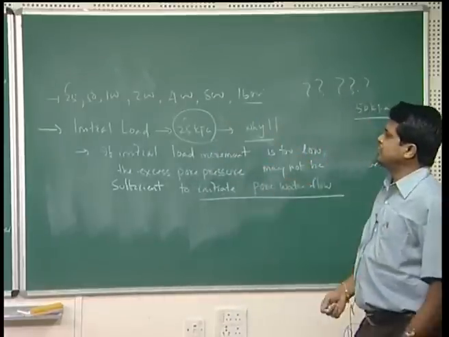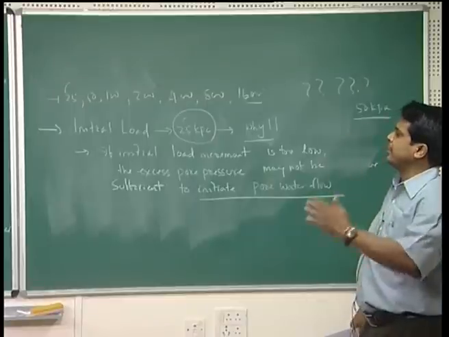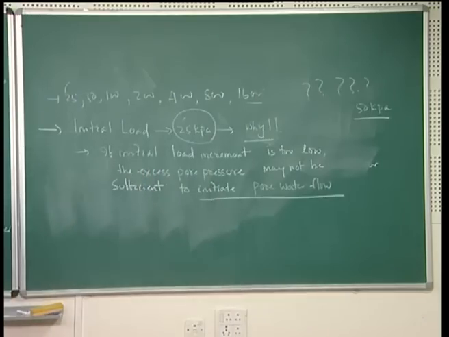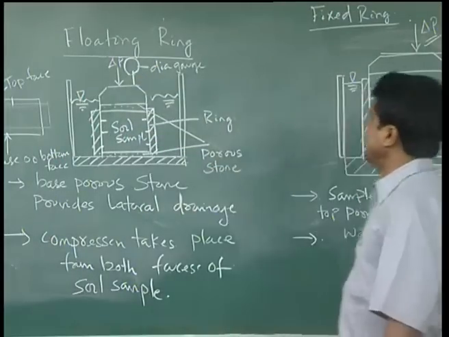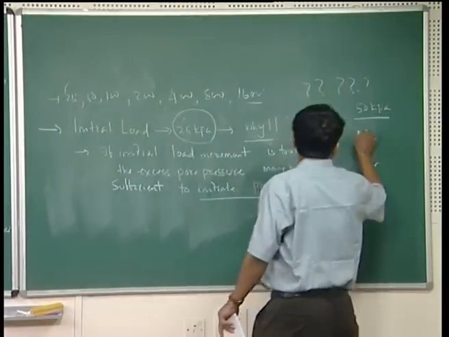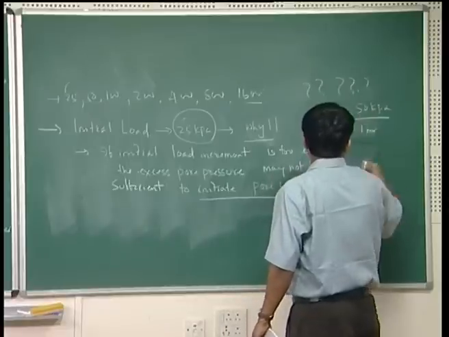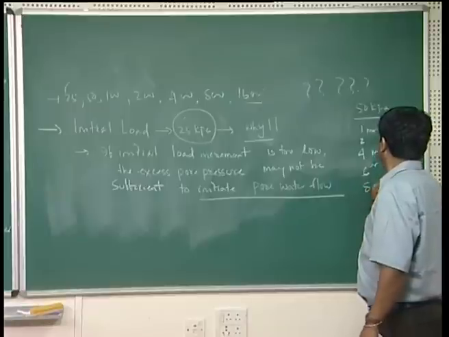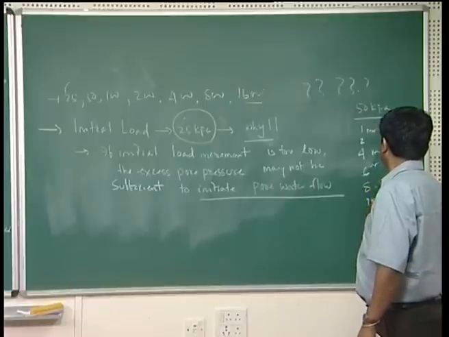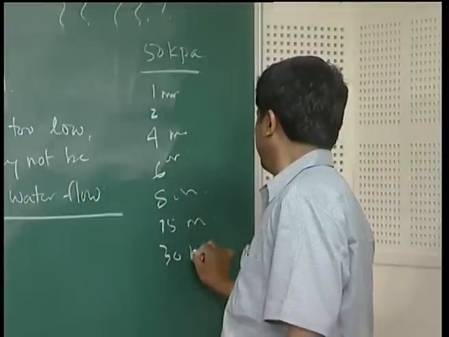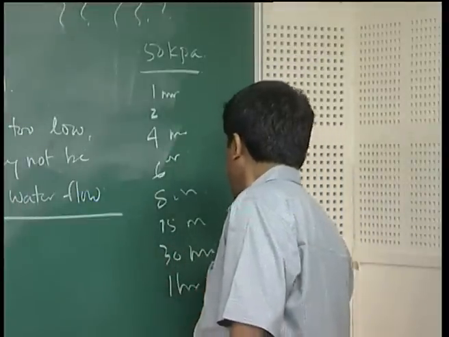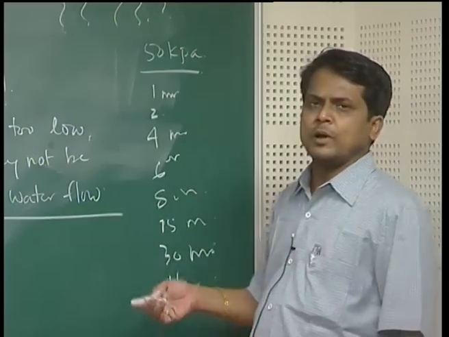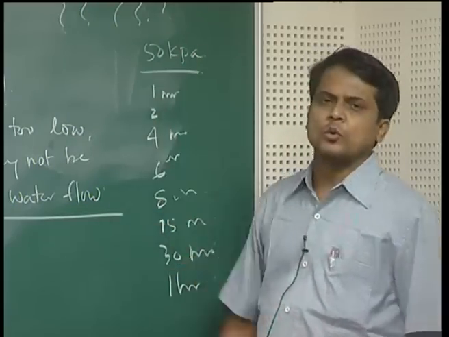Similarly, as you increase your load in doubles, you take the measurement of dial reading, displacement or volume change of the soil: dial reading at 1 minute, then double it, 2 minute, 4 minute, 6 minute, 8 minute, 15 minute, then 30 minute, then 1 hour, 2 hour, 4 hour, then 8 hour, 16 hour, then 24 hour.